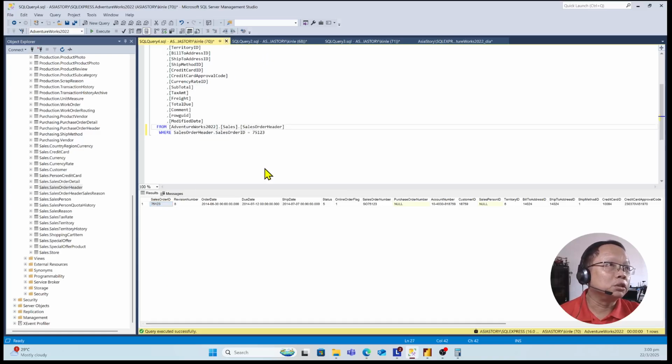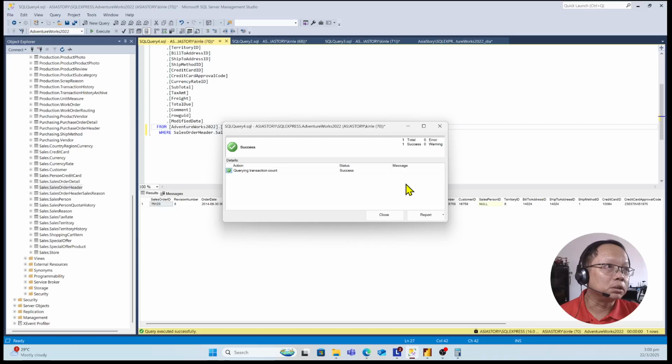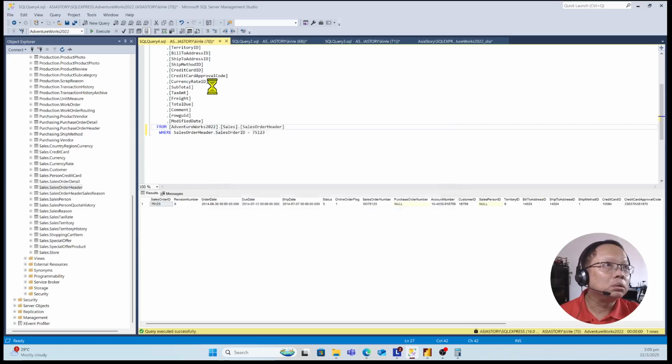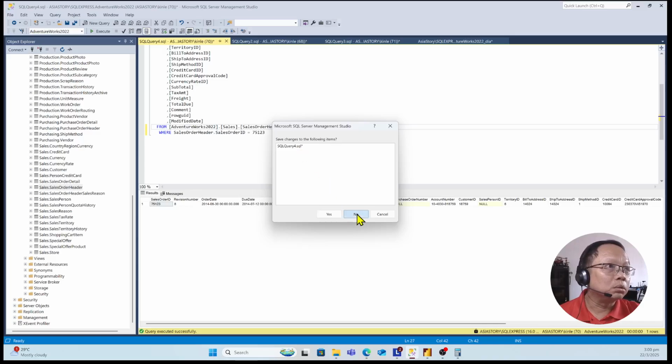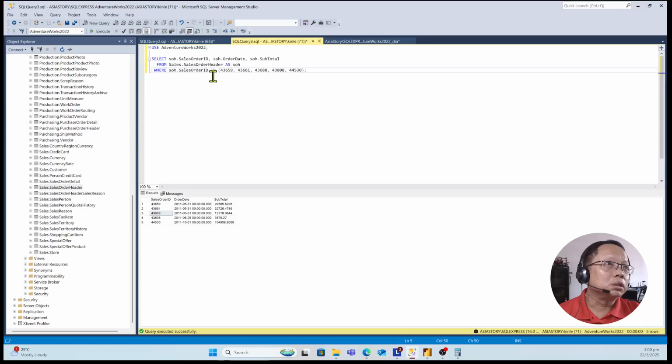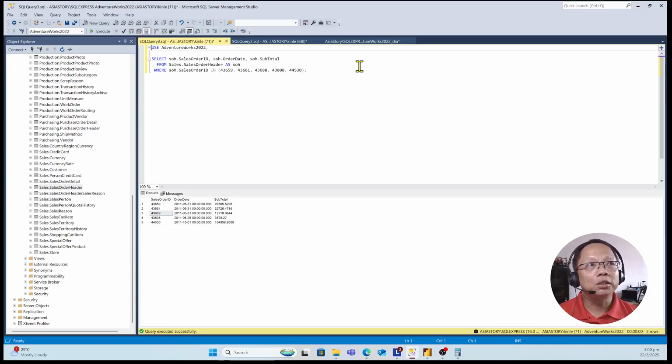Let me remove this, not important anymore. So now we understand that the summation of the line total is the subtotal on the sales order header table. Let's do a counter check. This is the sales order header which I've created. My usual practice is to use the database statement first.